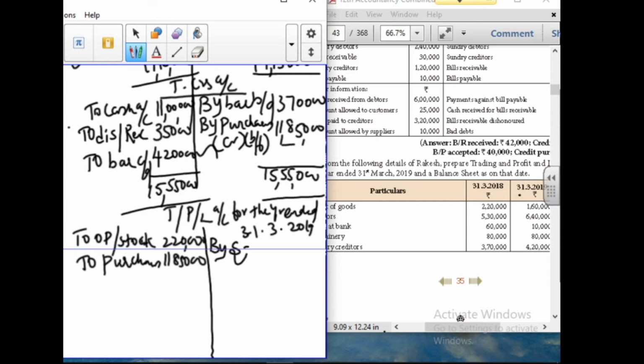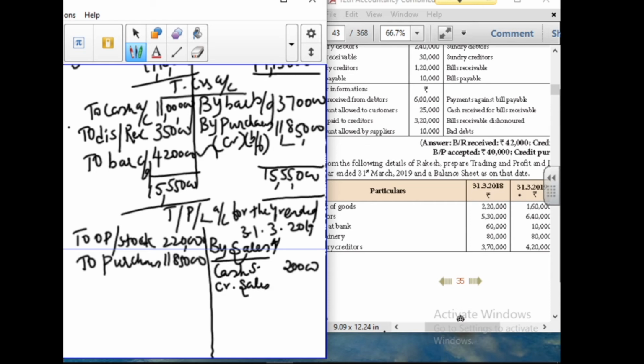Next is by sales. You have to be more careful with the sales account, because cash sales is given in the question. Cash sales is 20,000 and credit sales.